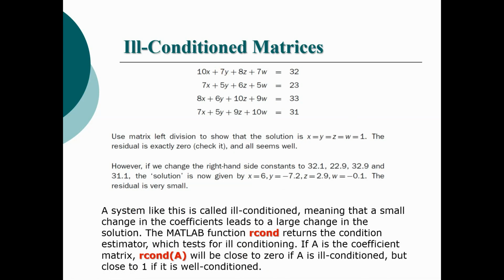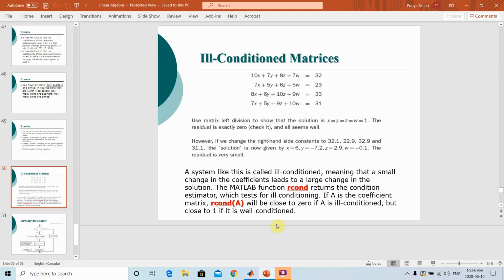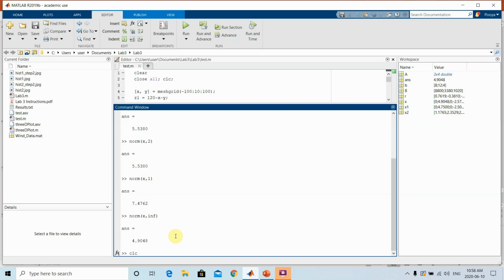10, 7, 8, 7, 7, 5, 6, 5, 8, 6, 10, 9, 7, 5, 9, 10. Let's go back to MATLAB. clc, A is equal to [10, 7, 8, 7; 7, 5, 6, 5; 8, 6, 10, 9; 7, 5, 9, 10].